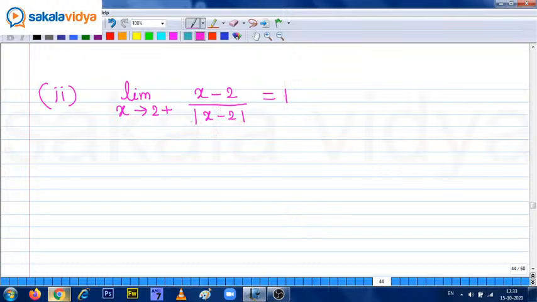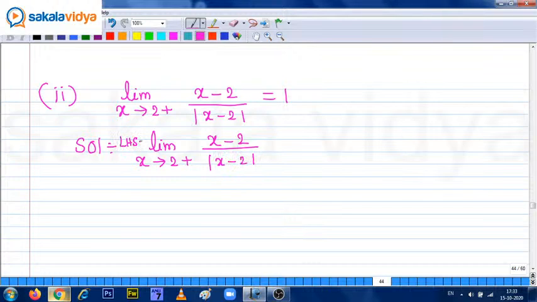That means only here the right hand limit we need to find out. Solution. Limit x tends to 2 plus of (x minus 2) by mod of (x minus 2). This is the left hand side, LHS, not LHL. Left hand side is equal to right hand side, you need to prove.